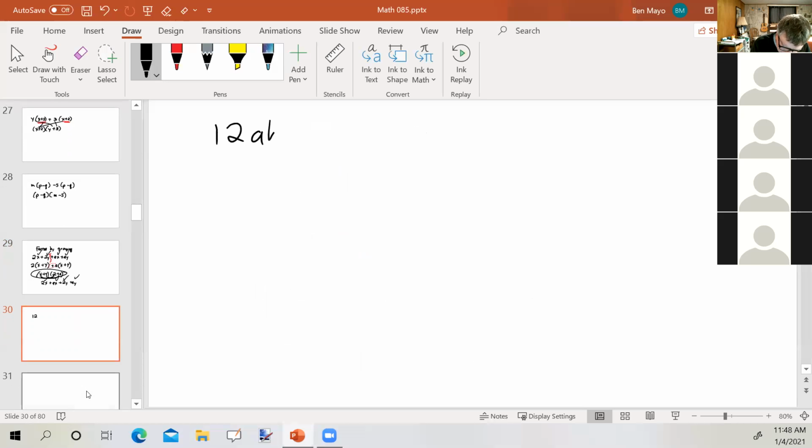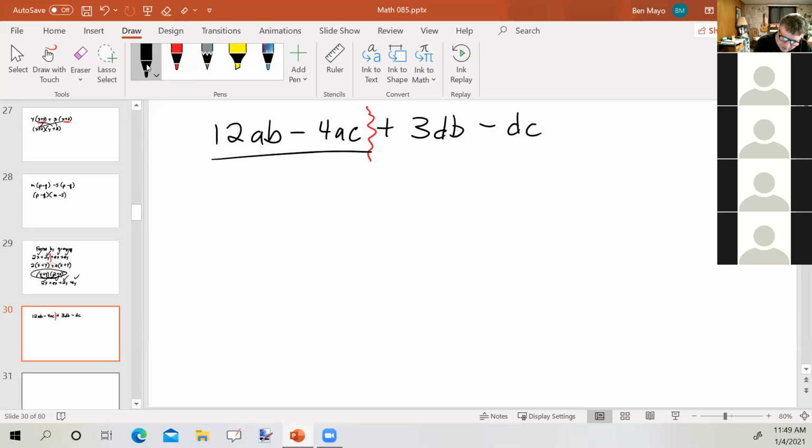Let's see here. 12ab minus 4ac plus 3db minus dc. Again, we're going to factor by grouping, so we'll split it up here, groups of 2. The greatest common factor of the first 2 terms is 4a, with a 3b minus c left over.